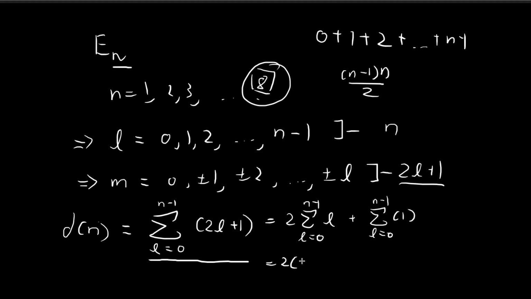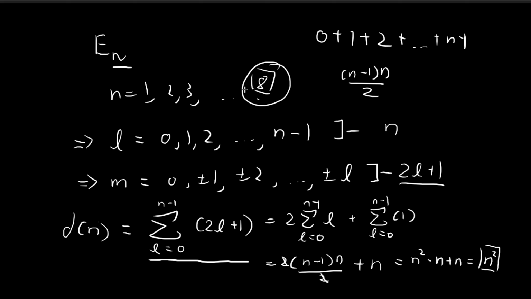And here we're just adding 1 n number of times. Starting from 0 all the way to n minus 1, you have n choices, so we just add n. So these cancel out, and you get n squared minus n plus n, which is equal to n squared. This is going to be the degeneracy for an energy level indexed by n.